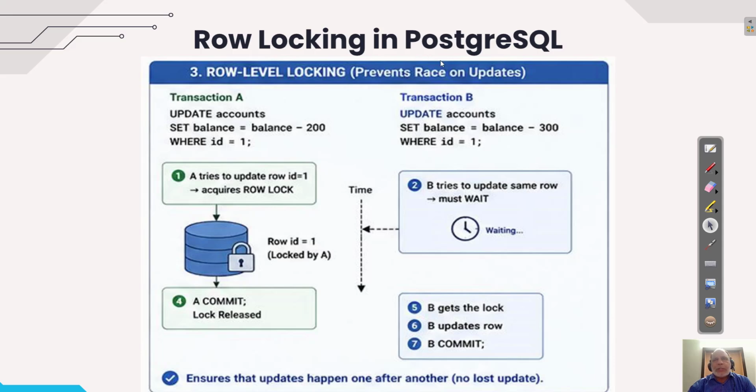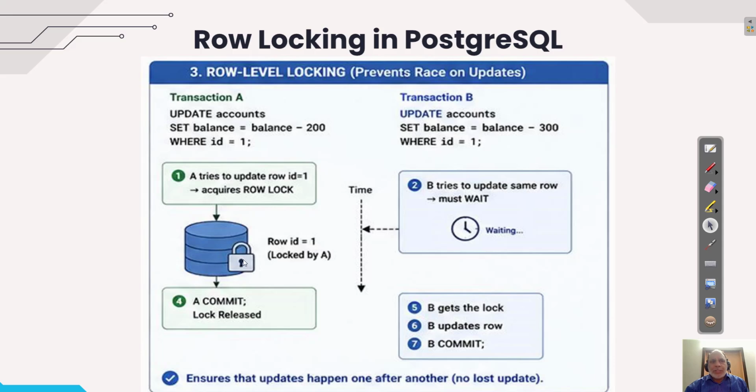This is a unique and very powerful feature of the Postgres database. So the row is locked. If in the meantime another transaction, for example transaction B, tries to update the ID1 balance, it has to wait. It will not update this data.